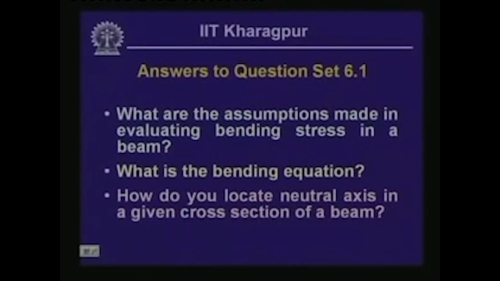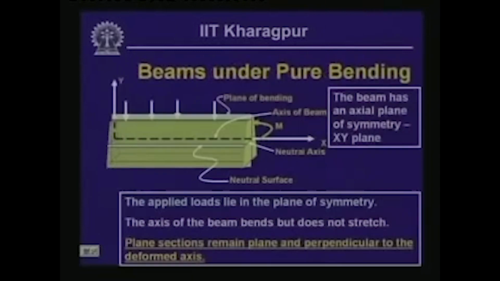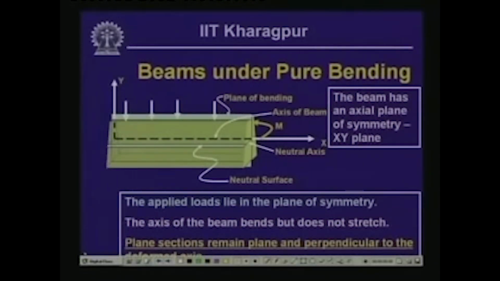Well, let us look into the answers of the questions which I gave you last time. The first question was, what are the assumptions made in evaluating bending stress in a beam? Let us discuss this with respect to the diagram which I discussed in the last lesson.